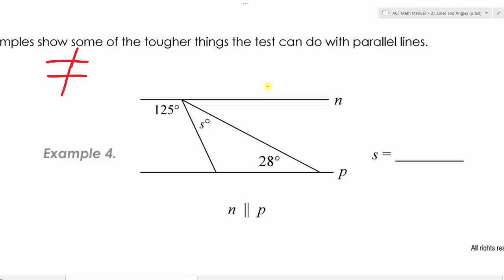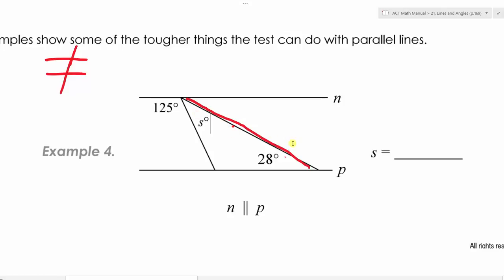But one of the ways to attack this kind of question is we're going to ignore this line that I just marked in red, and I'm just going to look at what's going on with this line. And in fact, I'm going to extend this line up here and down here so that things get a little bit easier to see.